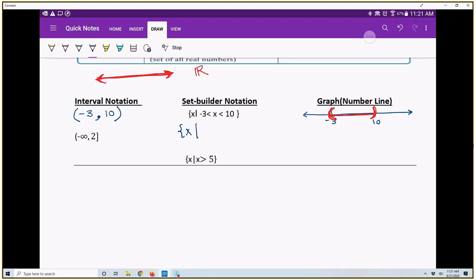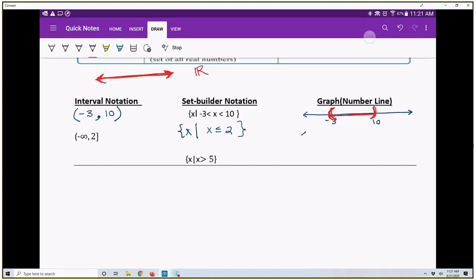It includes 2, and then it stops. So the way we would write this is just x is less than or equal to 2. Any x that is less than or equal to 2 is going to satisfy this interval.